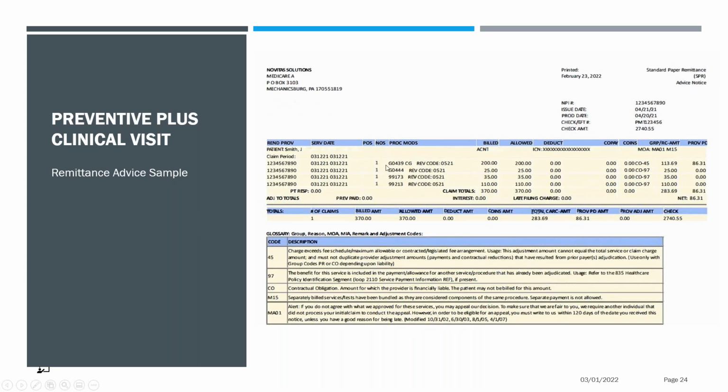But you can see our subsequent annual wellness visit got the CG modifier, and our office visit did not result in any coinsurance. And on this, there was no coinsurance because the annual wellness visit was the majority reason for the care.